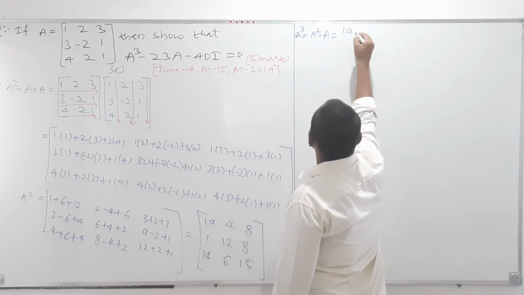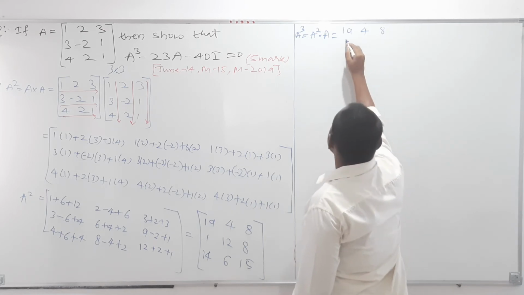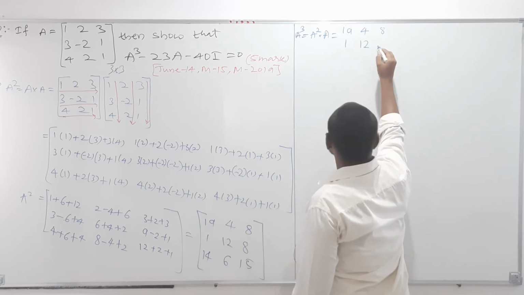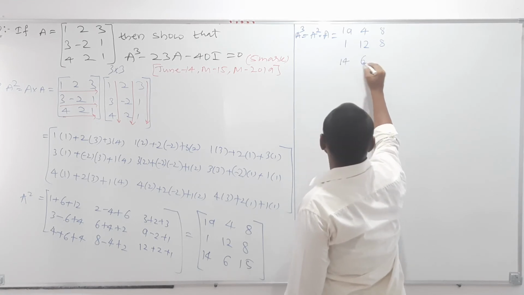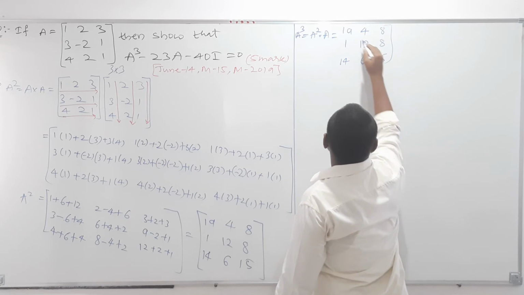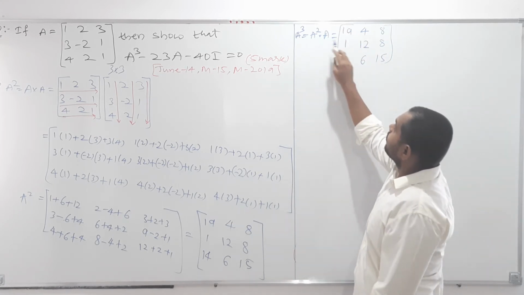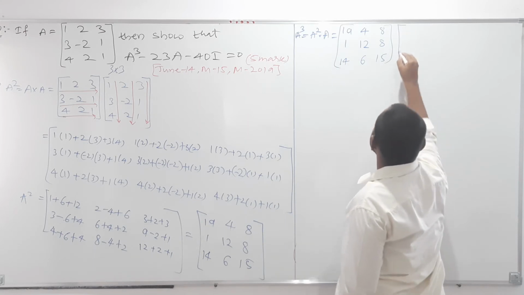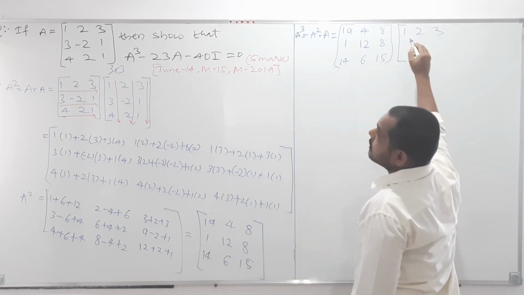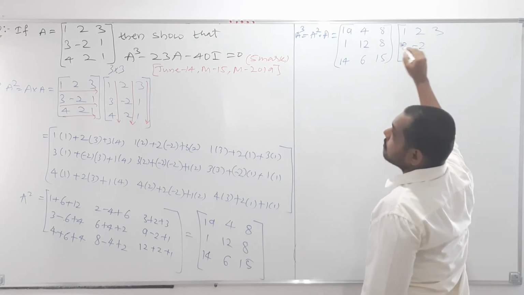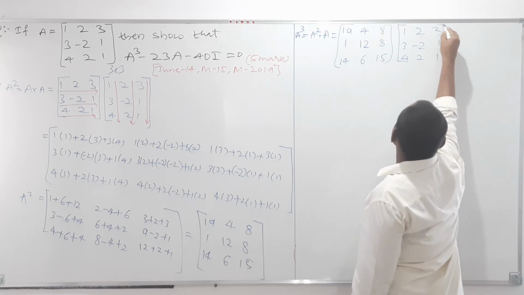A square value is 19, 4, 8, 1, 12, 8, 14, 6, 15. This is your A square value. Next I'll multiply this with the matrix A: 1 2 3, 3 minus 2 1, 4 2 1.